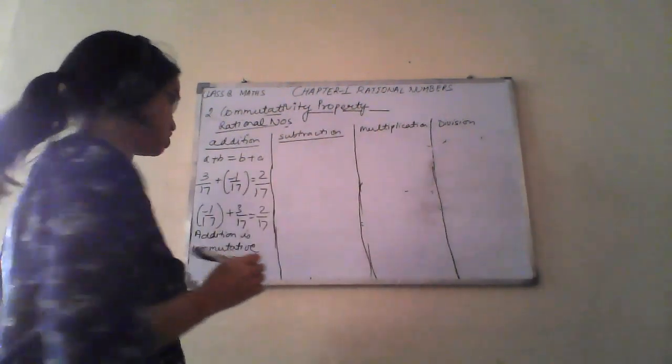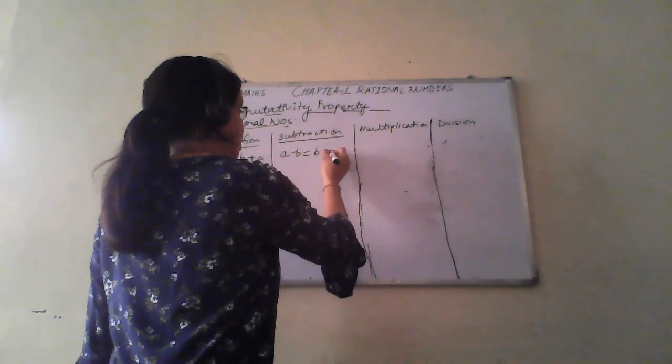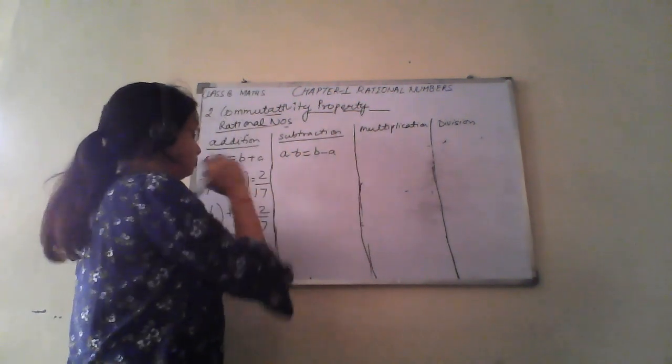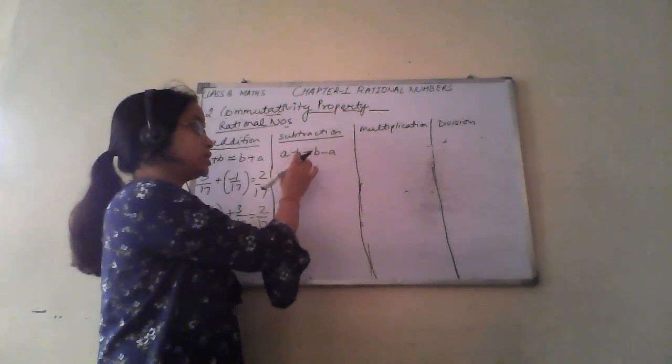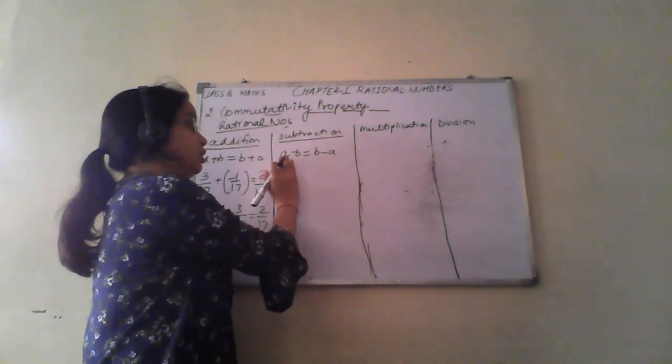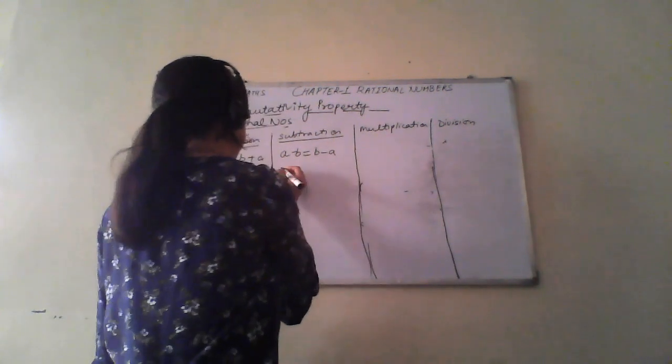Similarly, we have to check for subtraction. Now, these a and b are rational numbers. We have to check whether the alteration of the sequence will impact the result or not.